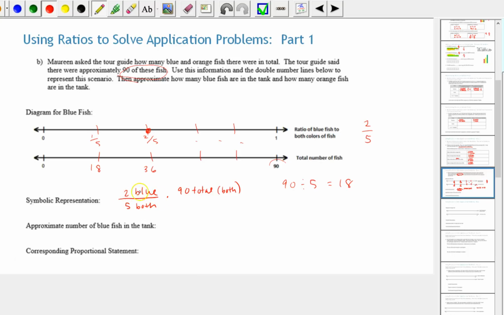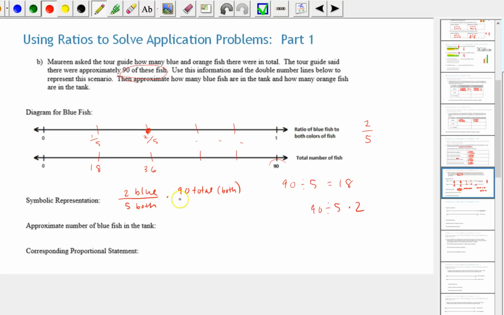We want them to get used to just multiplying by this ratio, but rather than writing this as 90 divided by 5 times 2, we want them to start to see that 2/5 of the 90 is equivalent to partitioning into 5 equal pieces. So there's the divide by 5, and then we took 2 copies of those, which gives us the 36.